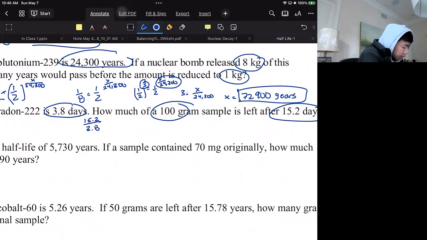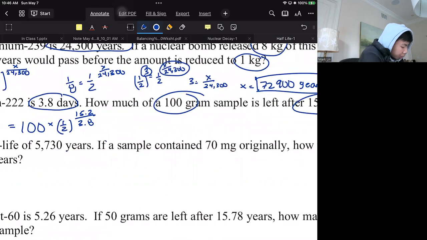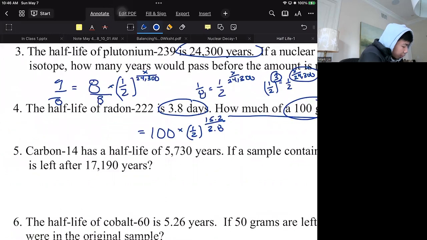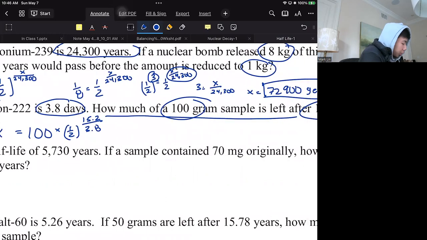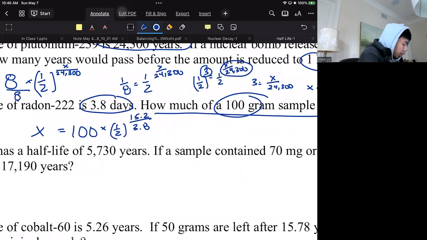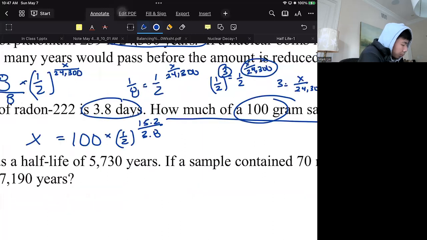That's our N. Our initial amount is 100, times 1/2. Right? And we need to find how much is left, so we need to find the final amount. You just plug this in your calculator: 1/2 to the 15.2 over 3.8 power. You're gonna get 6.25 grams.